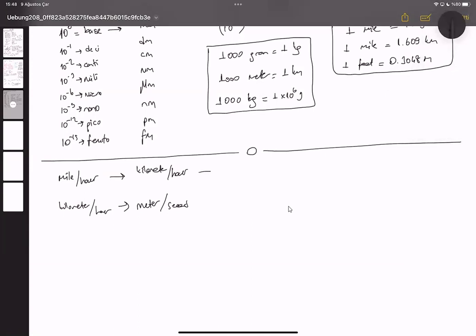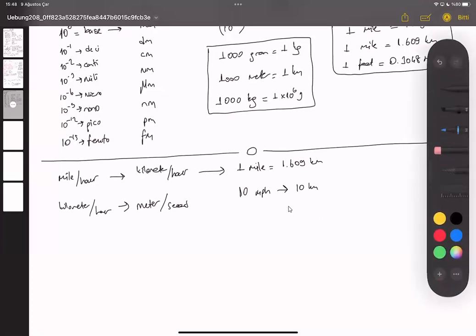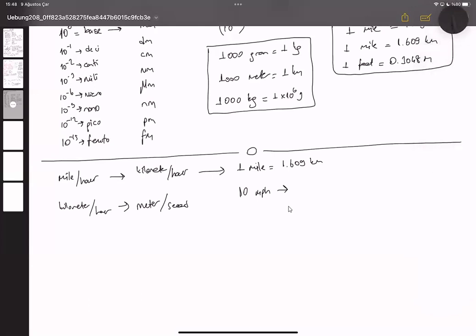So we know that 1 mile equals 1.609 kilometers. So, for example, 10 mile per hour to kilometer per hour, they can ask to us. So we can say 10, it's okay now.